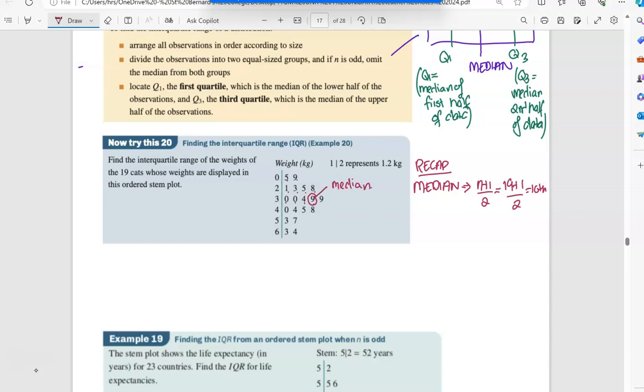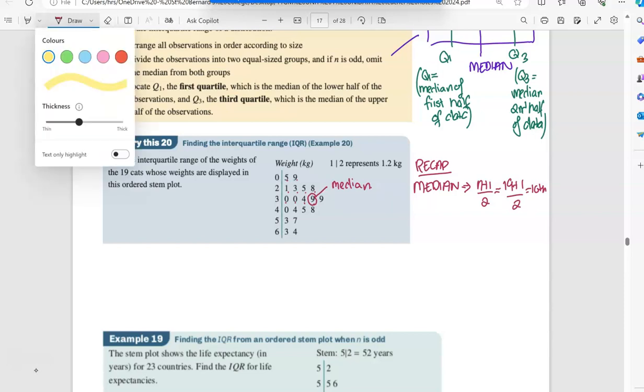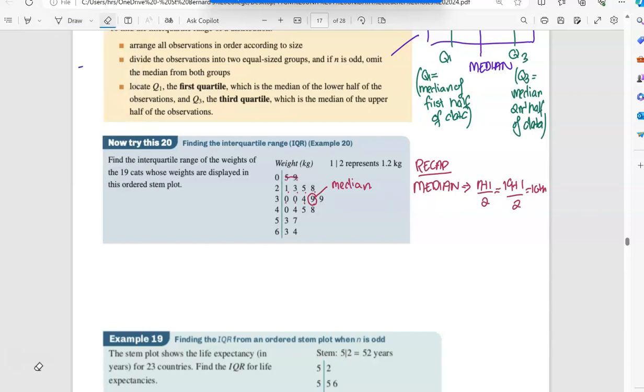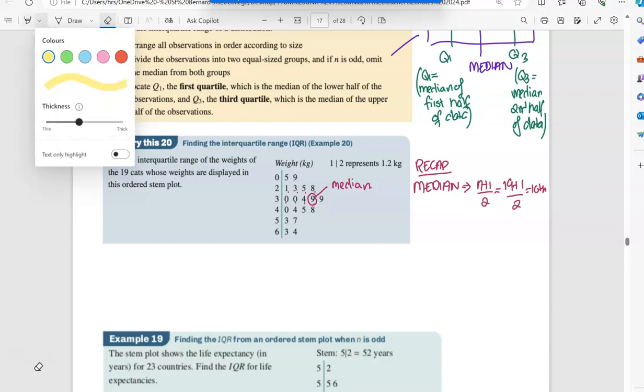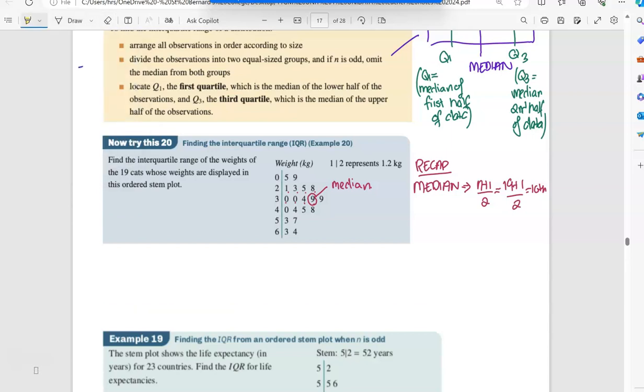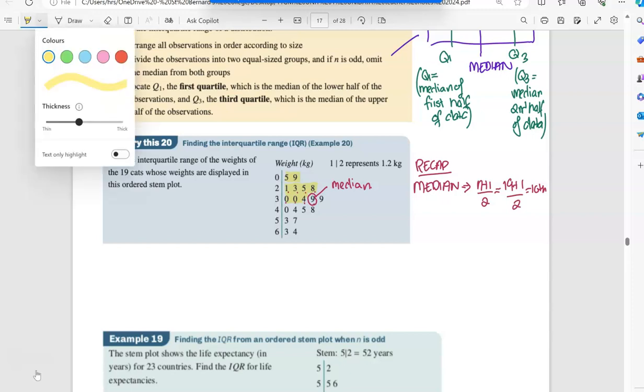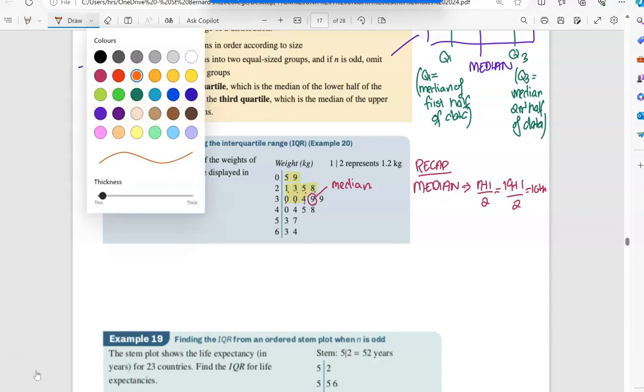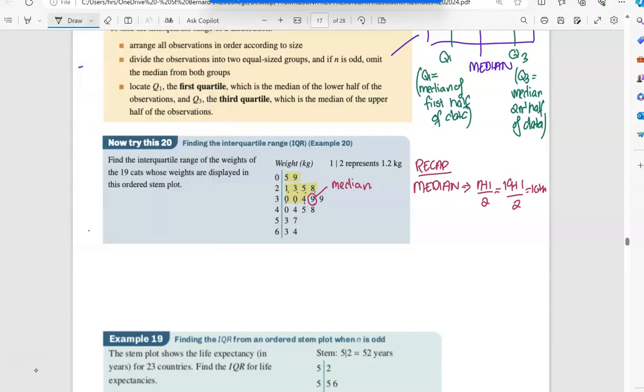So all these numbers right up to before the median are the first half. We actually have 9 numbers there. So I'm going to find Q1. Q1 equals the median of the first half.